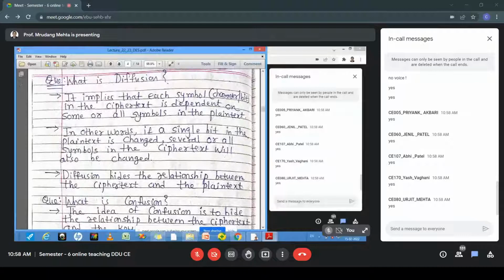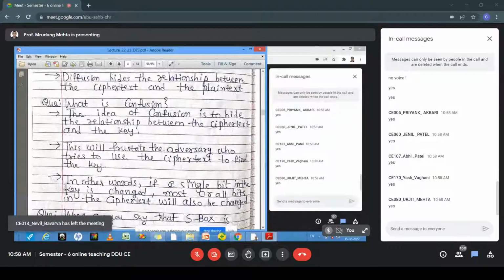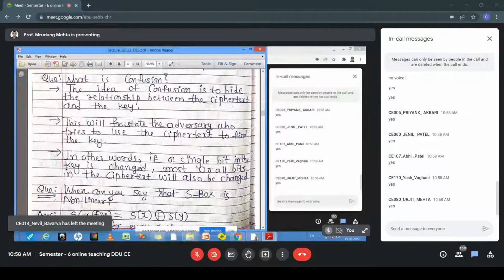Diffusion means each symbol in the ciphertext is dependent on some or all symbols in the plaintext. And the idea of confusion is to hide the relationship between the ciphertext and the key. So there are three things: plaintext, key, and ciphertext.